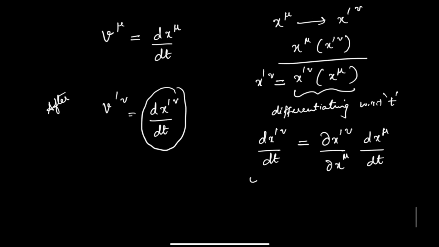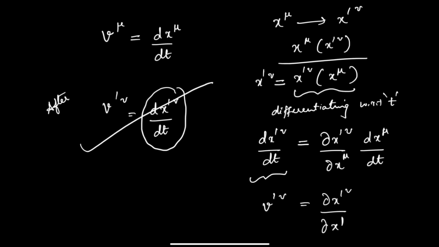Now you can see this quantity is v prime nu here. And on the right hand side, the partial derivative of x prime nu with respect to x mu, and this quantity is v mu that we already have here, right?